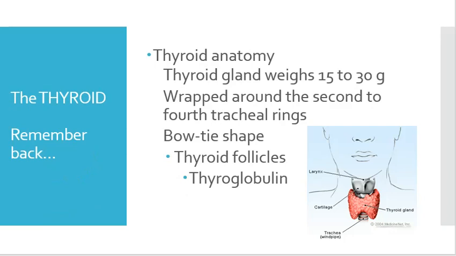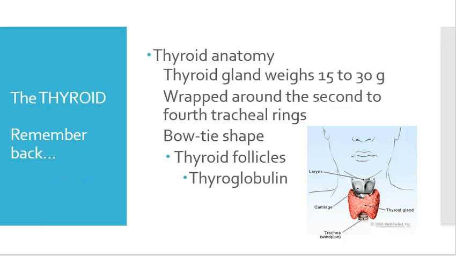Parathyroid hormone, also known as PTH, increases blood calcium levels by stimulating osteoclasts to break down bone and release calcium. It also increases gastrointestinal absorption of calcium by activating vitamin D and promotes calcium reabsorption by the kidneys.